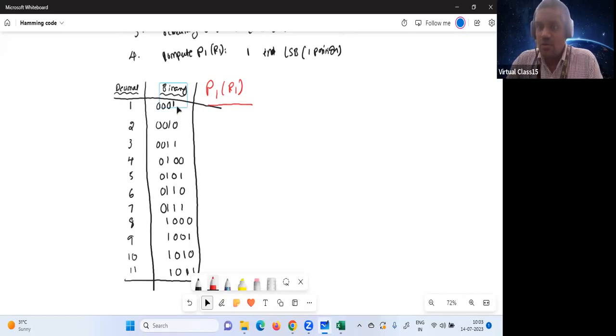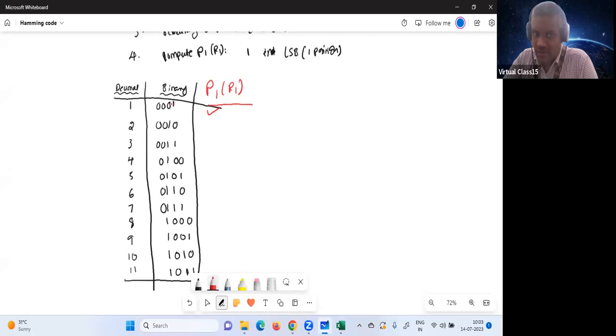So whichever binary position has LSB equal to 1, consider that bit. First bit is 1, consider this bit. I am now putting a tick mark. Is this LSB 1 or not?